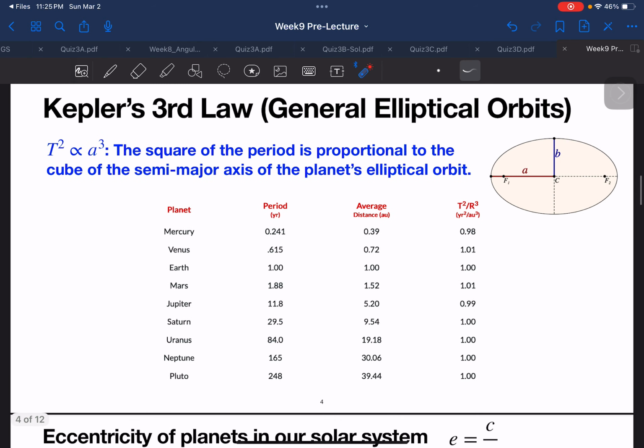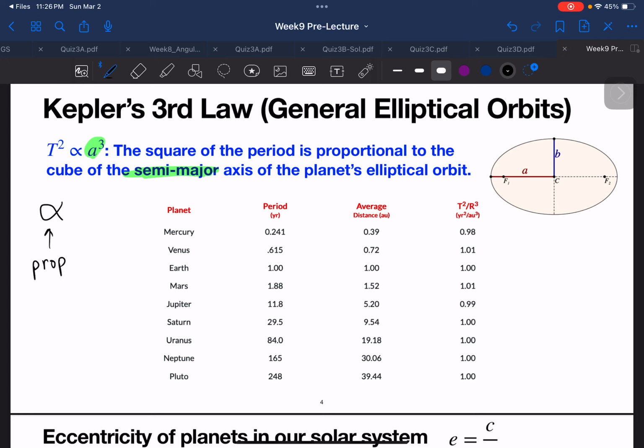And then Kepler's third law says that the period of the orbit squared is proportional to the cube of the semi-major axis. So here we need to introduce you to some terminology. A is the semi-major axis of an ellipse, so here's an example of an ellipse, and this is the semi-major axis. B here would be the semi-minor axis, and this squiggly symbol is not an alpha, by the way.